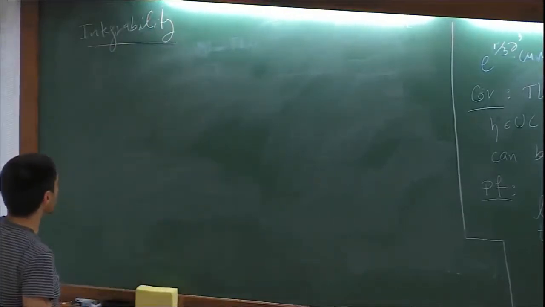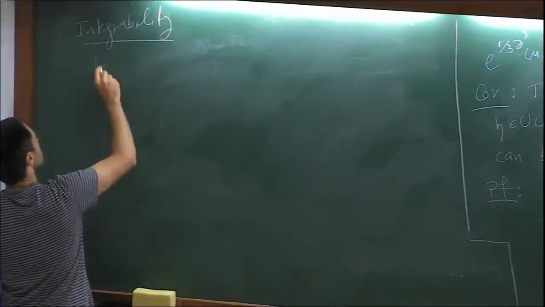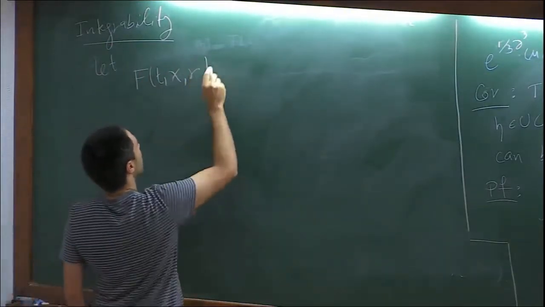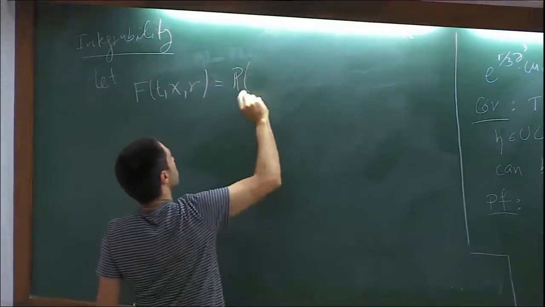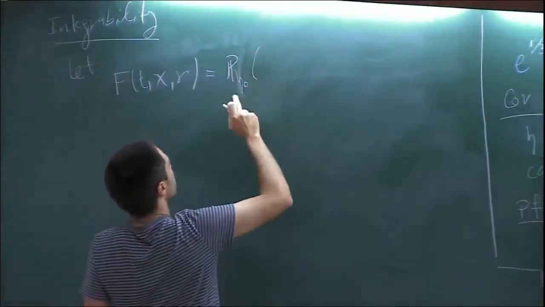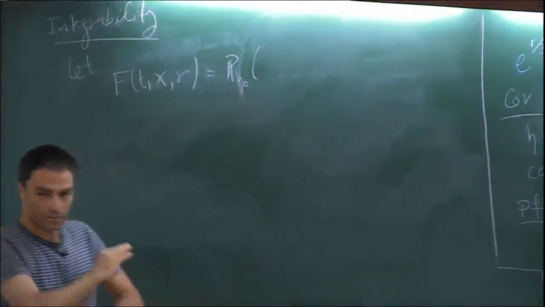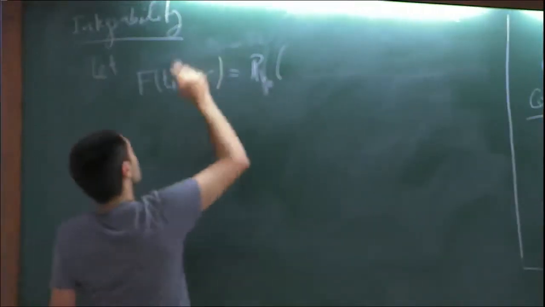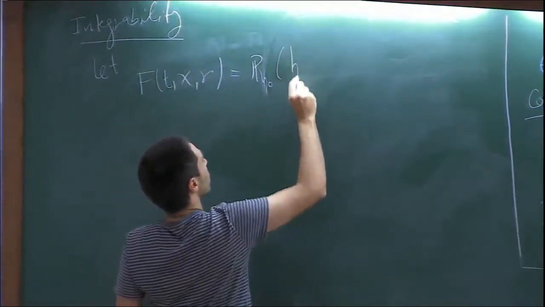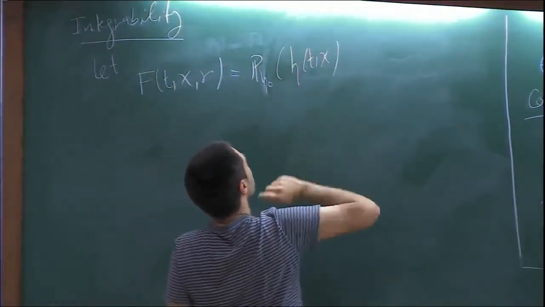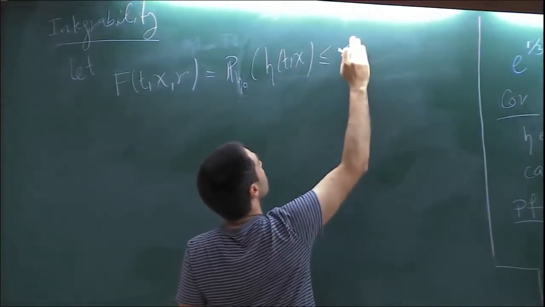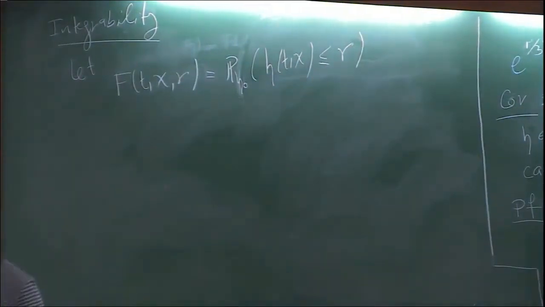So just to motivate, let me first define F_t(x, r) to be the probability, starting at H0, and here H0 is going to be any initial condition in UC, that this fixed point process at time t, space x, is less than r.